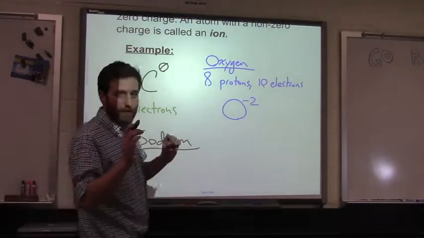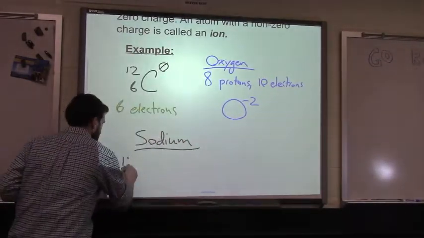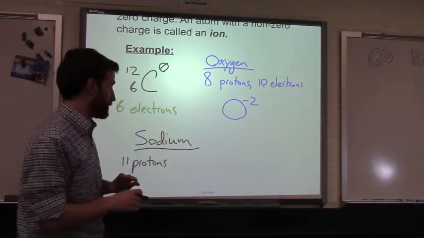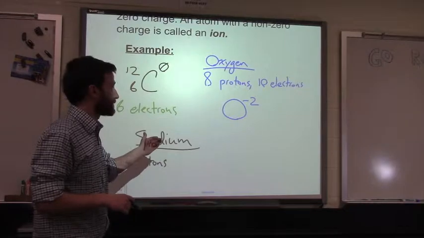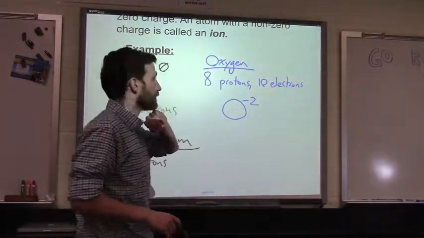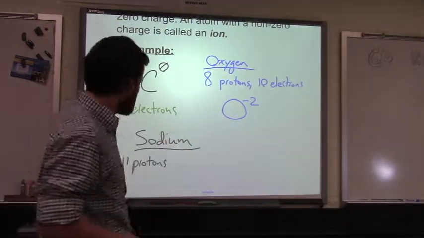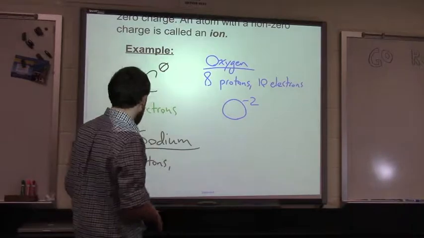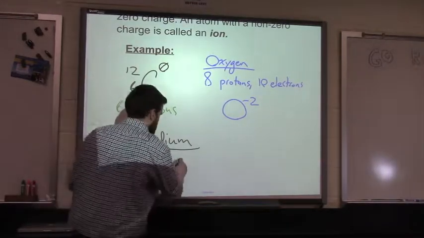Sodium always has 11 protons. If it doesn't, it's not sodium. But what sodium likes to do, as opposed to oxygen gaining 2 electrons, is lose 1. So if we said that sodium had lost 1 electron, then sodium now has 10 electrons.